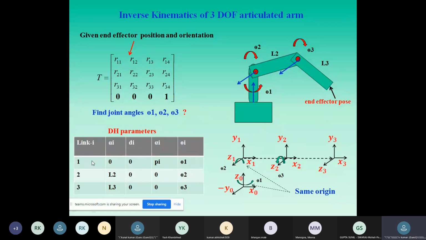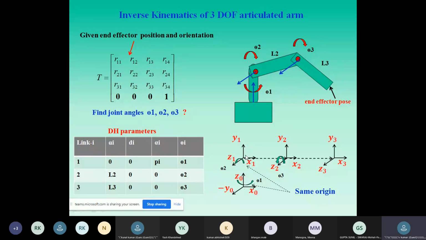In link 1, link length is 0, d is 0, link twist is pi, since the angle between Z1 and Z2 is pi, and the variable is theta 1. Similarly for link 2, link length is L2, because we have taken this length as 0.